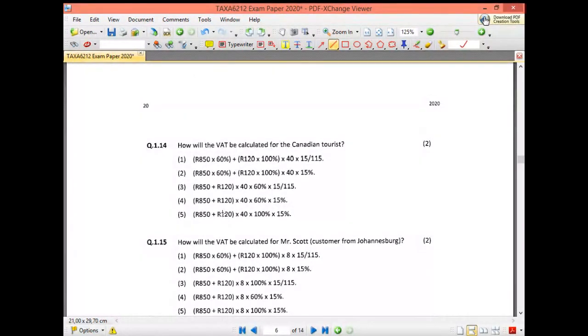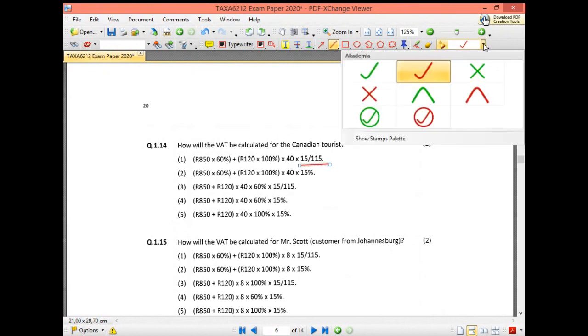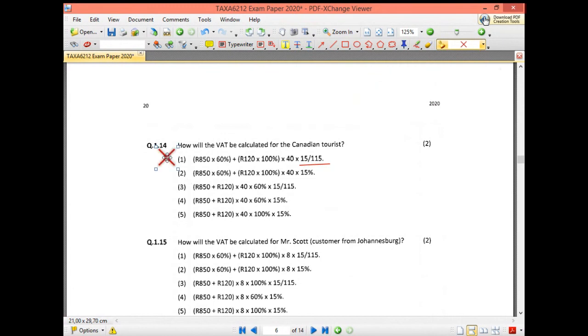The issue is is it a long-term or short-term stay? We also know the amounts are exclusive of VAT. So just based on that, we already know that one is incorrect, because we are going to multiply it with 15%. And this one is also incorrect because it's 15 over 115.